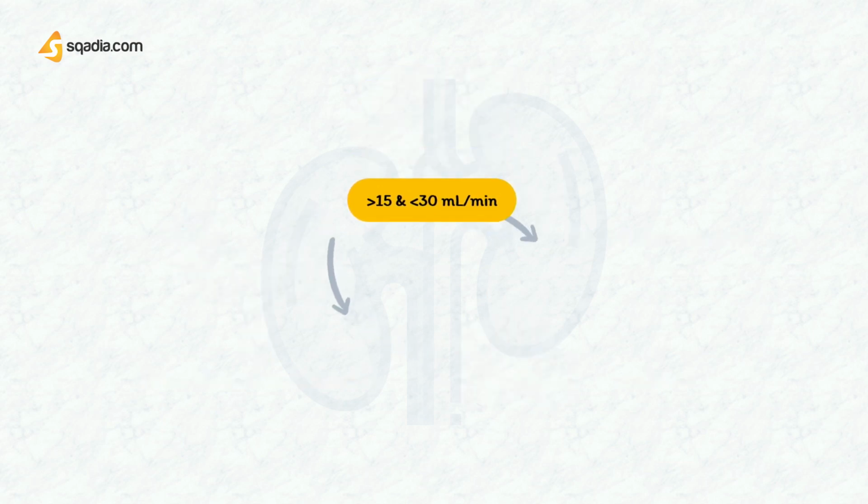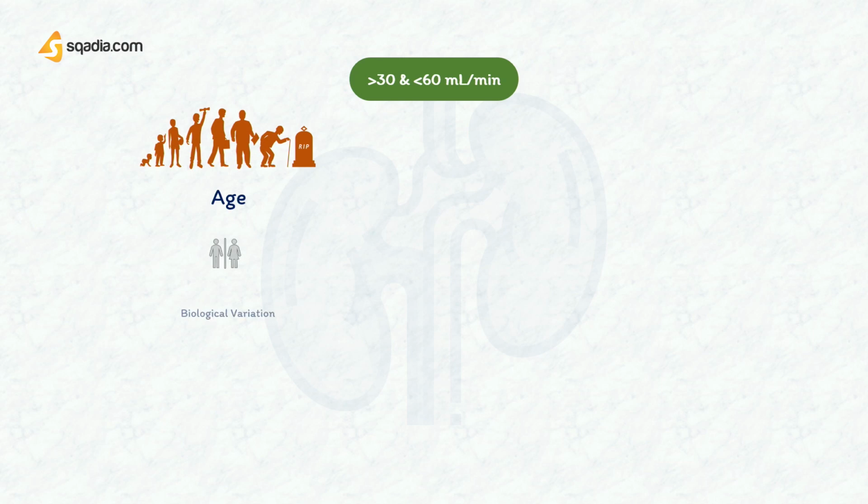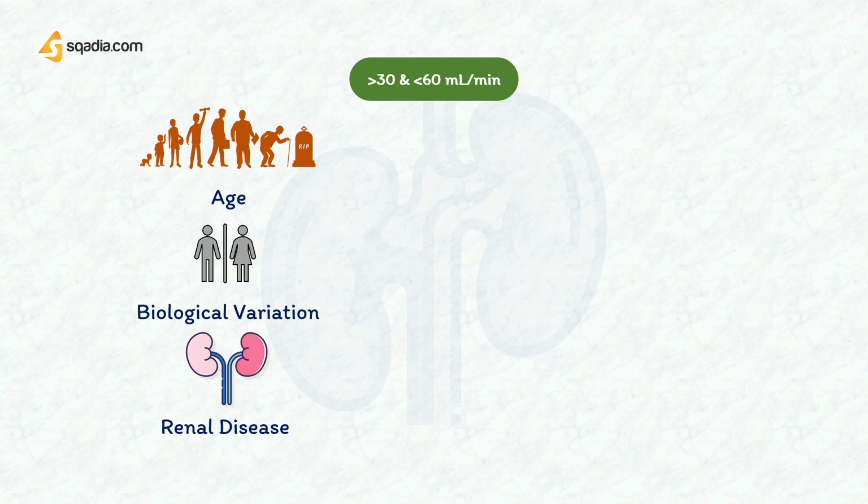Now we have the third category, which is 30 to 60 milliliters per minute of GFR. Now, this signifies stage 3A and 3B of chronic kidney disease, which was the moderate stage. This range may reflect age and biological variation or renal disease, which is suggested by proteinuria, hematuria, and increased blood pressure.